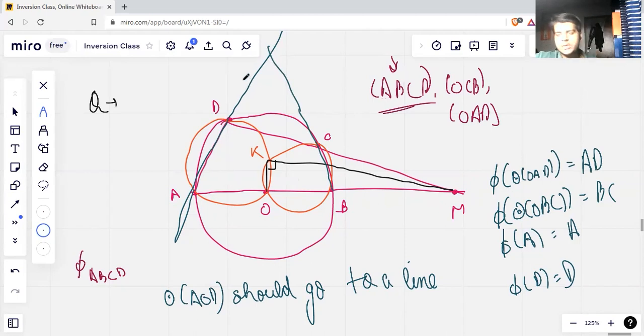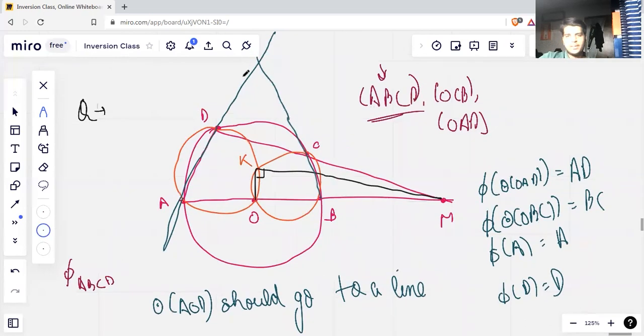Oh, I also forgot to say this before, but intersections are preserved in inversion. This is not very hard to show, and you don't even need to show this. It's easy to see by itself. You can try to prove it if you need to. But yeah, intersections are preserved.